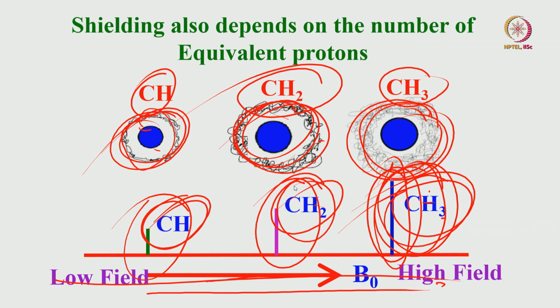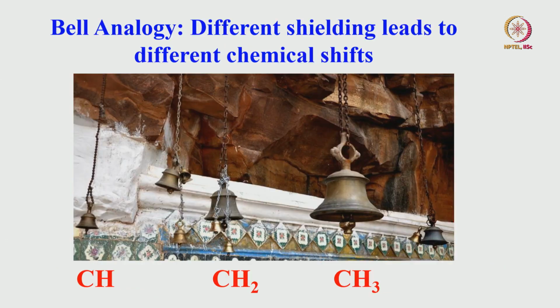Just to give you the comparison, look at the bell analogy. Fantastic, in one of the temples, a beautiful bell analogy we could see. They have put 3 different bells. Look at this bell, this is the nucleus. At the center is this nucleus, and this is the charge distribution, which is much larger, 3 protons, shielding is more.